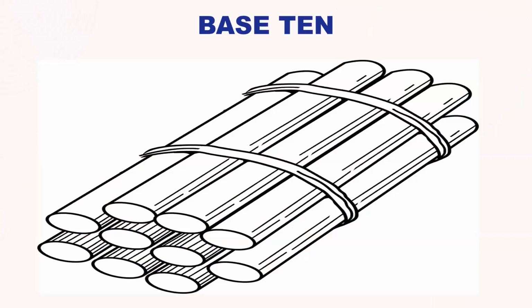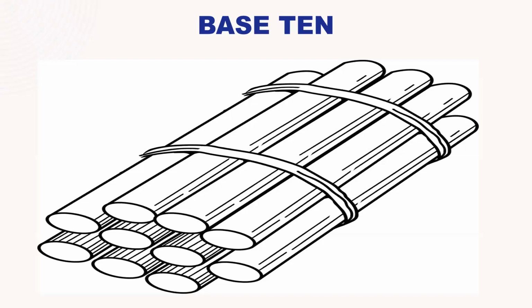So we looked at the use of bundles of sticks to teach base 10. When it comes to base 10, you are bundling sticks in tens. So if you are counting and you get to 10, you bundle the sticks, then you start all over again.